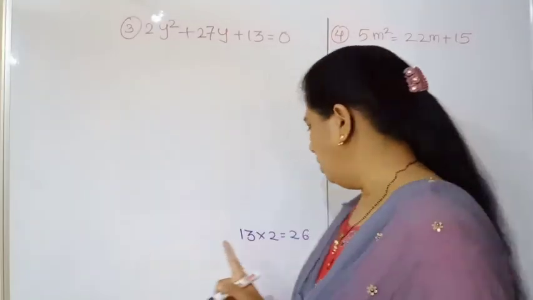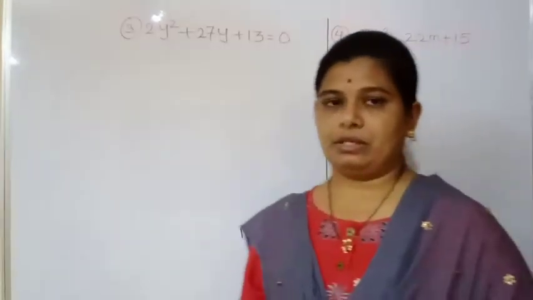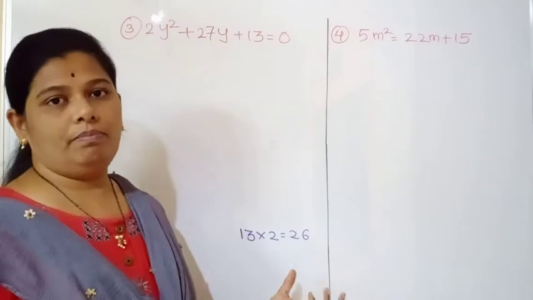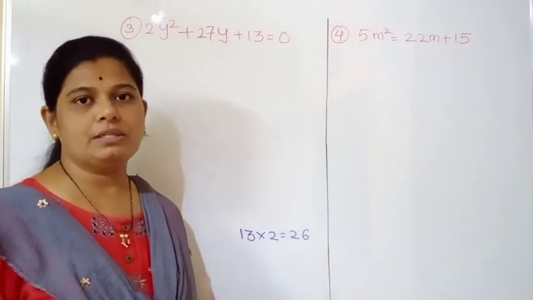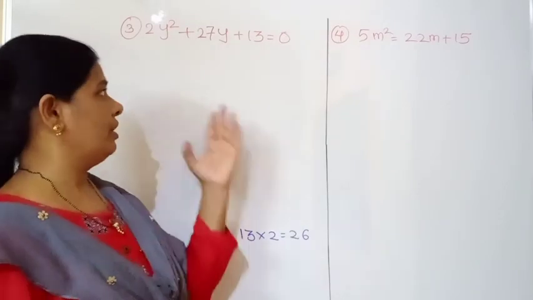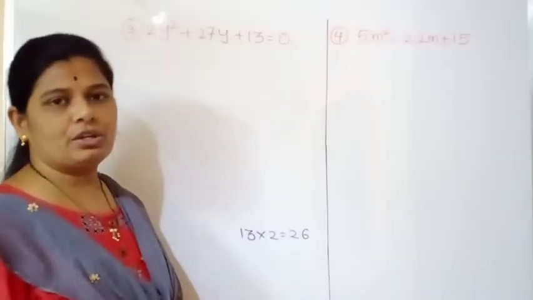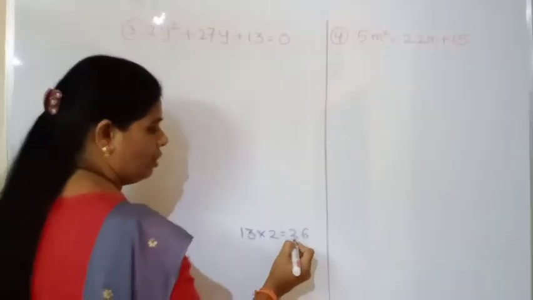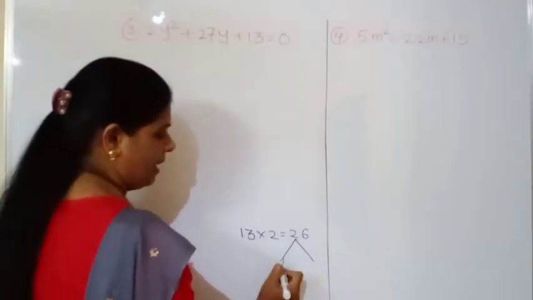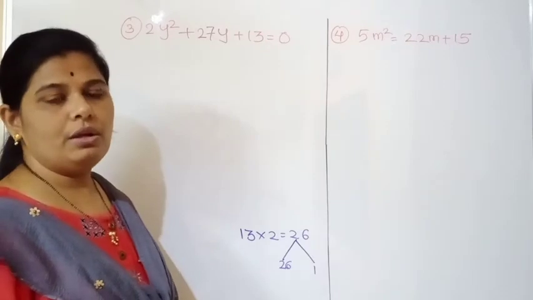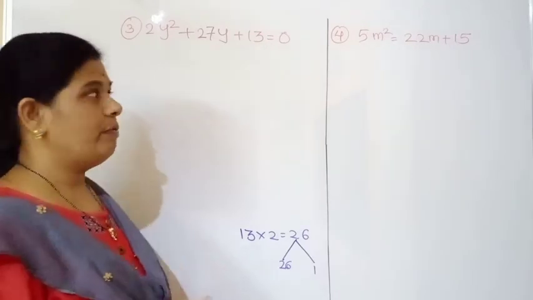We have to find two numbers which multiply to 26 and by adding or subtracting give 27. Very simple: the factors of 26 are 26 ones, and 26 plus 1 is 27.